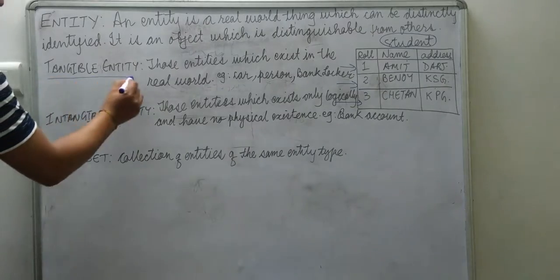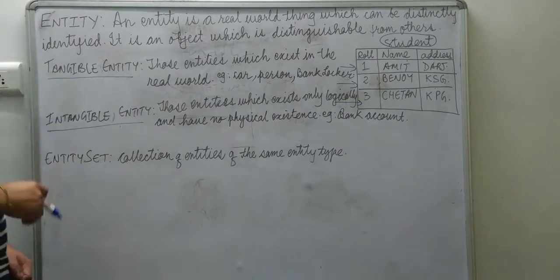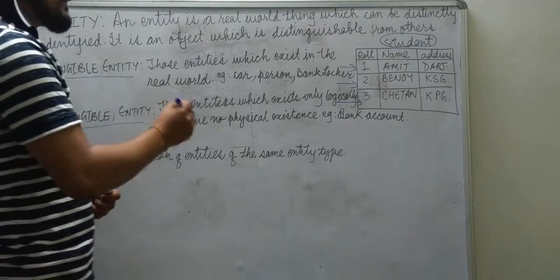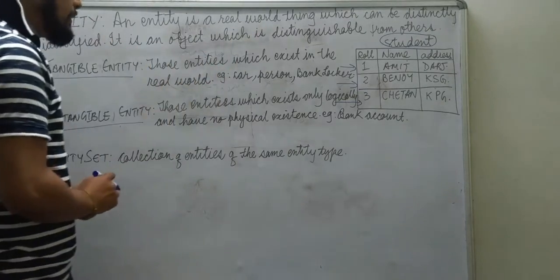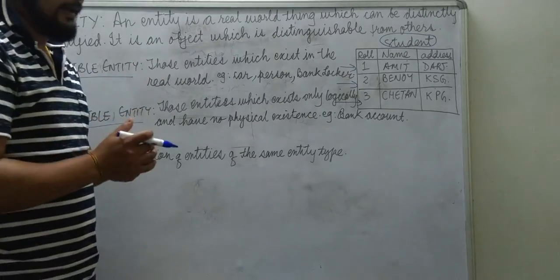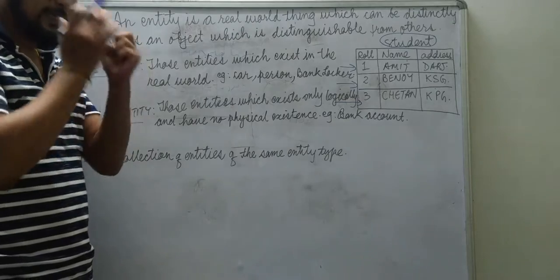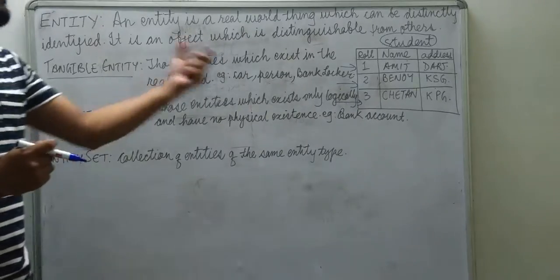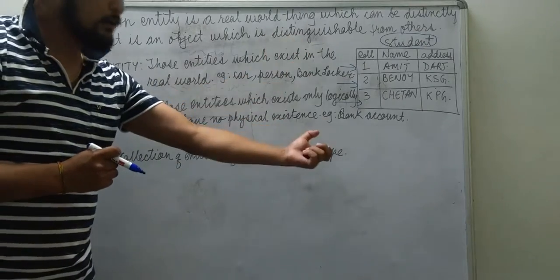Next is tangible entity and intangible entity. Those entities which exist in the real world are known as tangible. Objects which exist in the real world, for example car, person, bank locker.